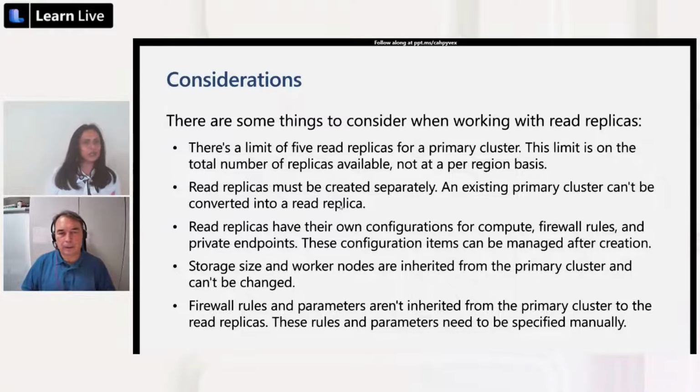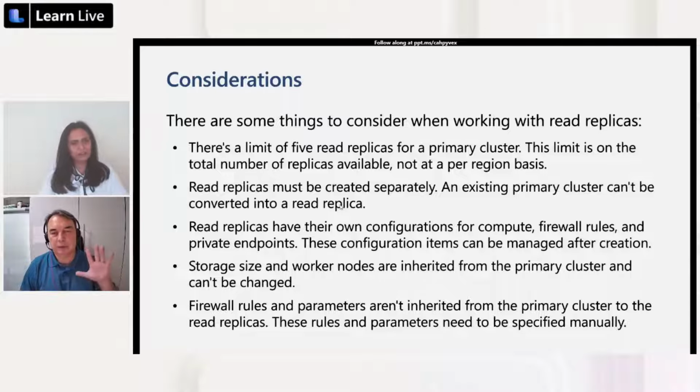So how many replicas can we have, and can we have replicas in different regions? We can have replicas in different regions, but there will be a maximum of 5 replicas in total, not per region. Please keep this number in mind. So the total number of replicas will be 5 at maximum.